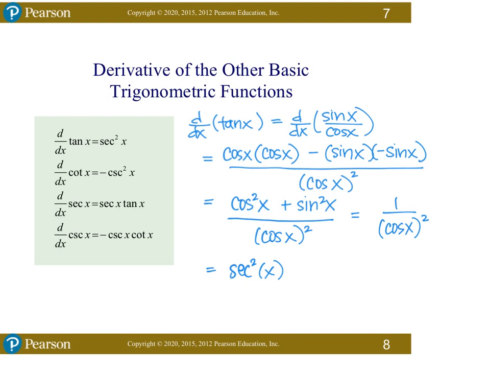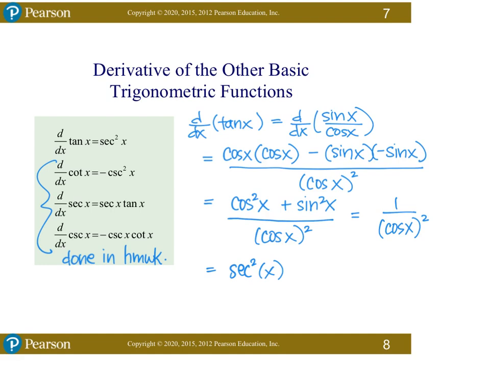And so the other proofs, the other 3, are going to be done in your homework as well. Once you've proven them, you don't have to reprove them. You can just use the definition. So the derivative of cotangent is negative cosecant squared. Secant is a product of secant and tangent, and the derivative of cosecant is the product of negative cosecant cotangent.